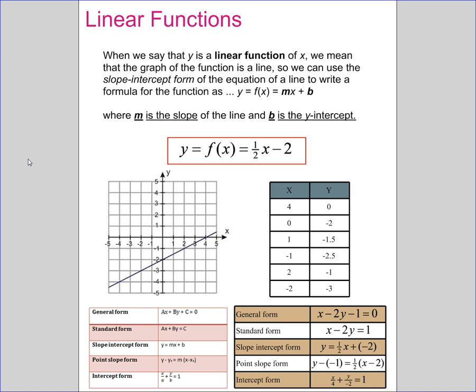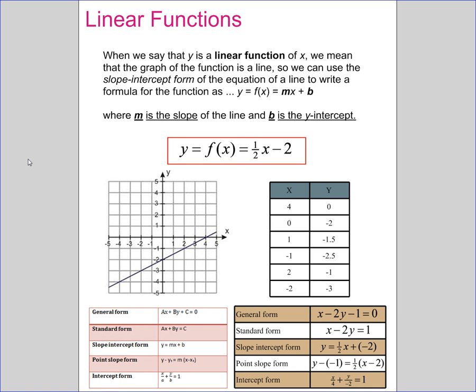And lines can be displayed in several forms. Here are 5 of the most widely used. I put slope-intercept in the middle. Some more basic or typical forms are the general form, which is always set equal to 0.